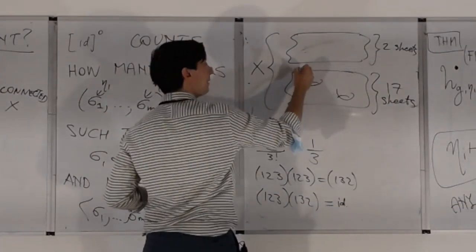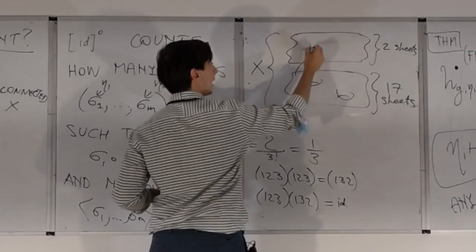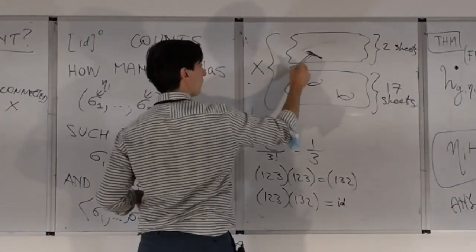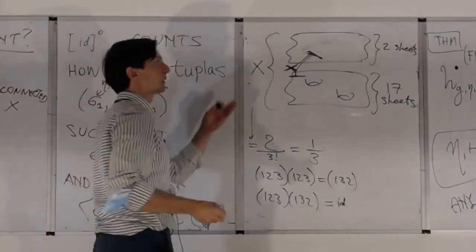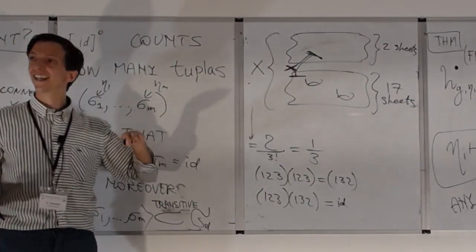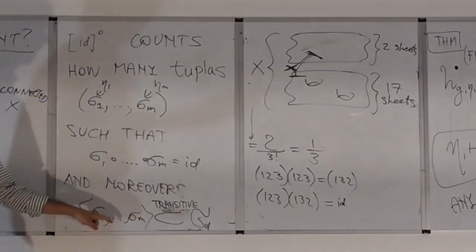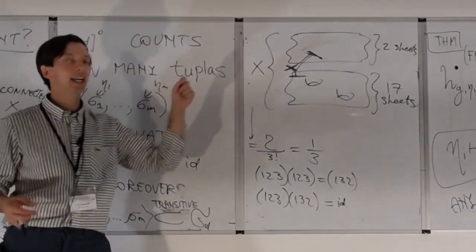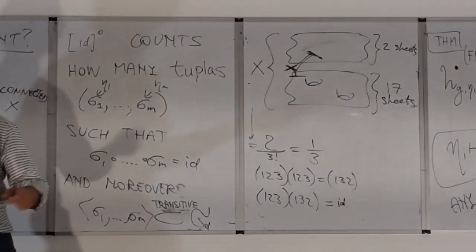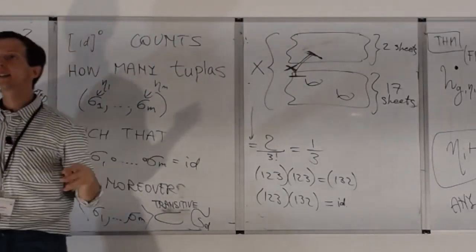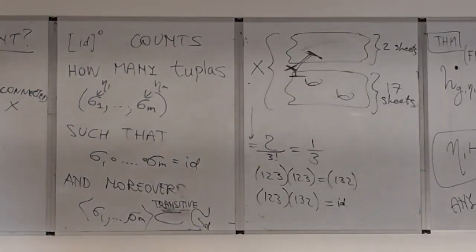If at least once you collide a sheet that is here and a sheet that is here in a ramification point, then you're sure that it's connected with that. So if it's transitive, it means that every sheet gets mixed with the other ones at least once, and therefore you kind of glue them. So there's no chance that they are independent. They get connected, all of them.